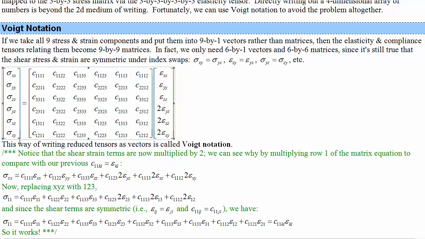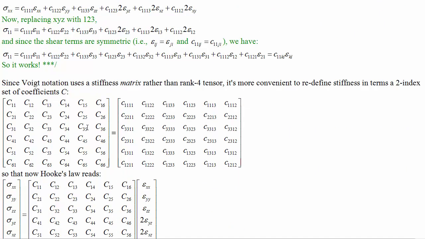So sigma XY is going to depend on epsilon XZ in a way corresponding to coefficient C1213. Okay, so there is some logic to this, but to avoid having to rethink that every time you use it, most people just use the 2-index notation.